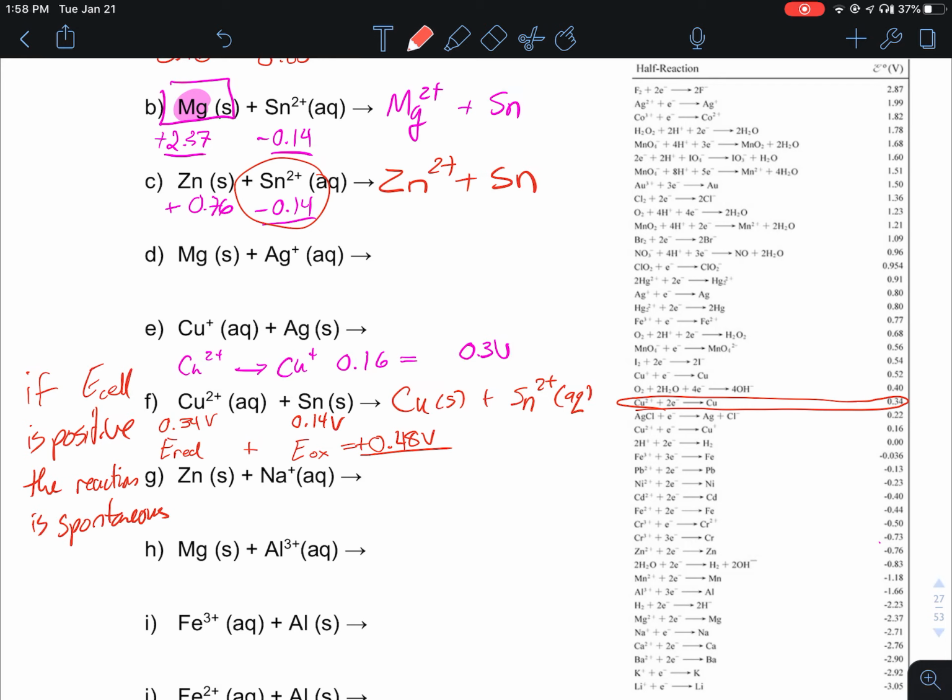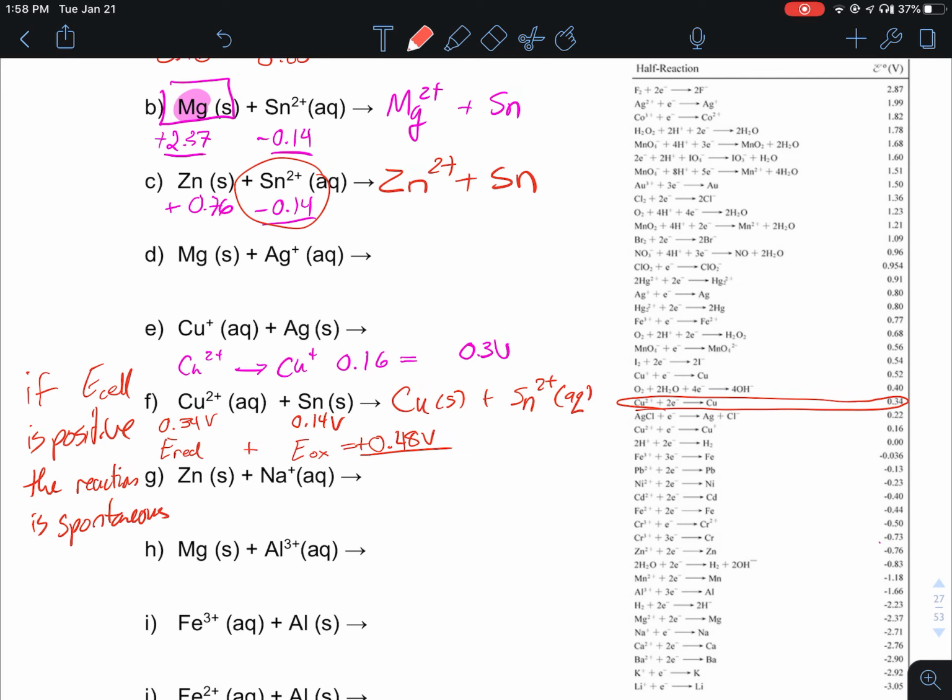So taking a little bit of copper nitrate and some tin metal, and you could probably put some metal shavings in, for example, or even a strip of metal. Stick those in a solution together, and you will find that copper metal is going to start to deposit in the solution somewhere, probably on top of the metal, as that's where the electrons are being made. Similar to the silver tree that we've seen in class.